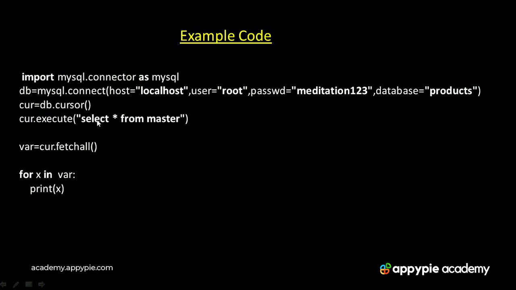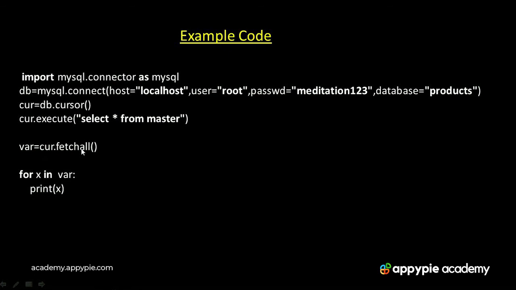As you are already aware about this thing, select star from master means it will retrieve all the rows from the table master. Right. Next, I am going to use a method, a function fetchall. I would write cur.fetchall.